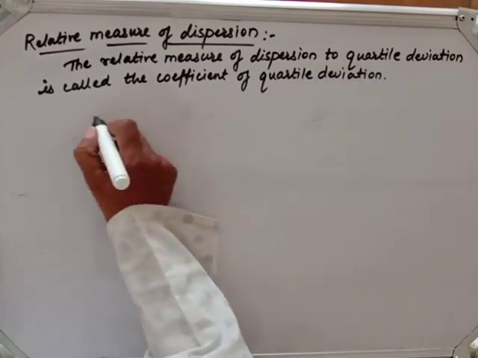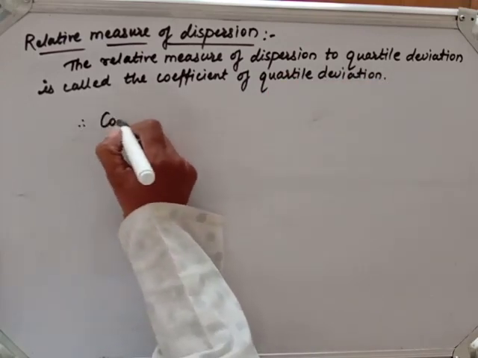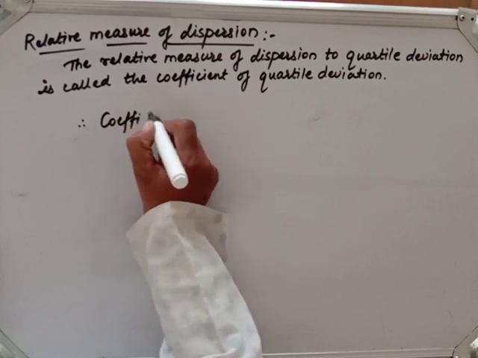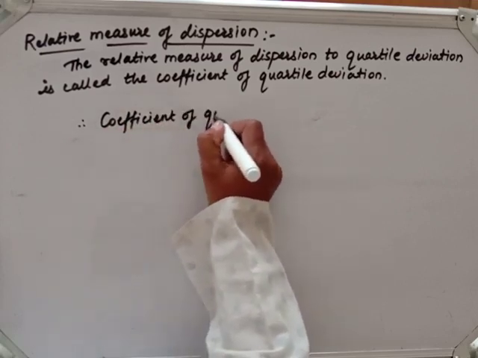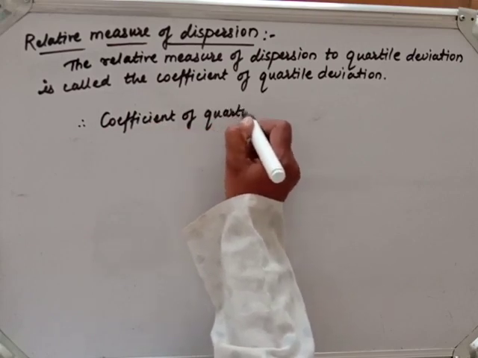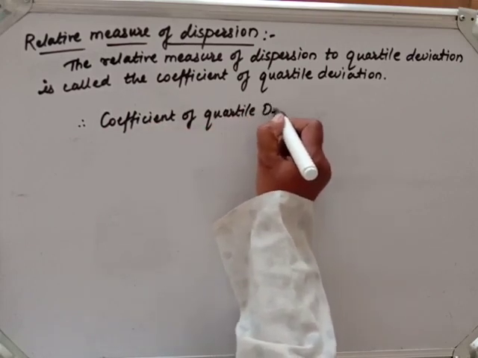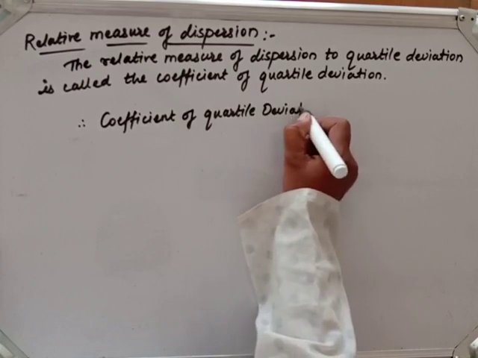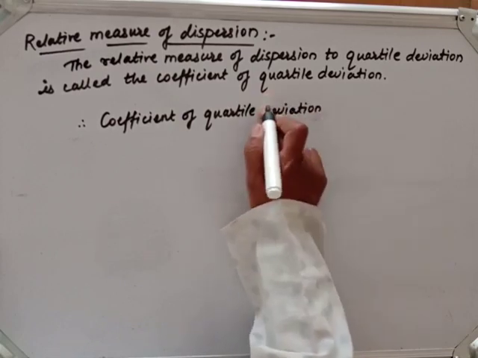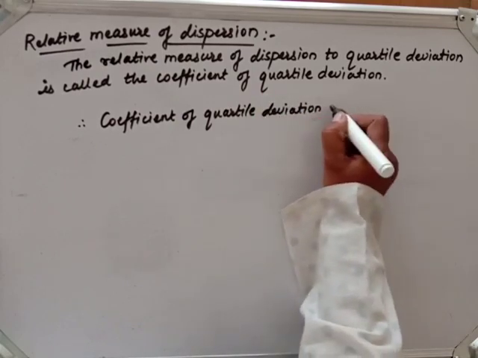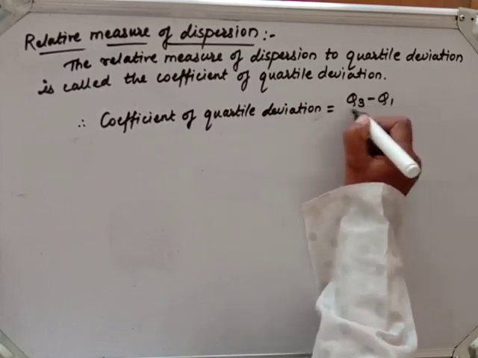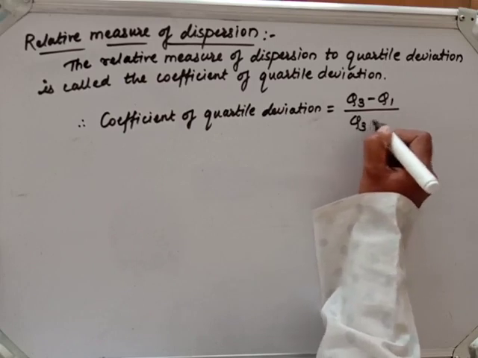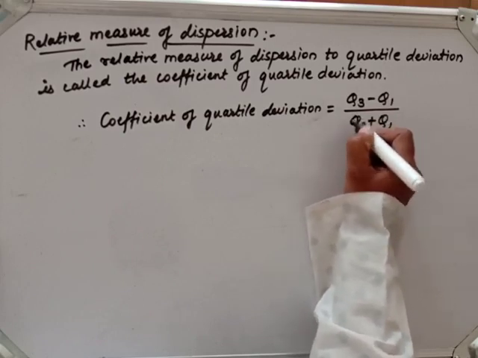Now what is the result for it? The coefficient of quartile deviation is given by Q3 minus Q1 upon Q3 plus Q1.